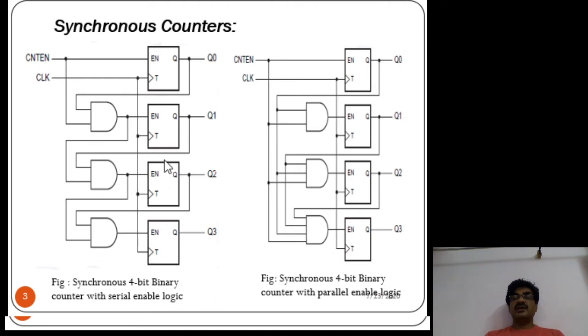Suppose if the flip-flop Q1 has to change its output, it happens when its lower flip-flop output is 1. Similarly, the Q2 flip-flop changes its output when its lower flip-flops Q1 and Q0 become 1. Similarly, the Q3 flip-flop changes its output when all its lower flip-flops, that is Q2, Q1, Q0, maintain logic 1.